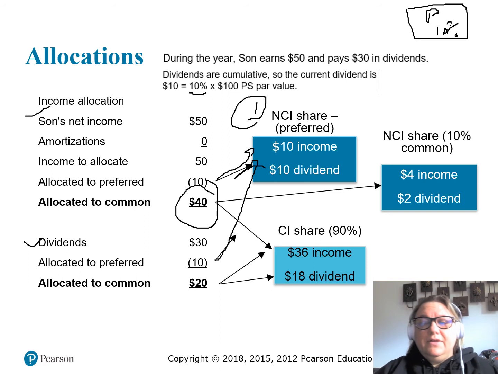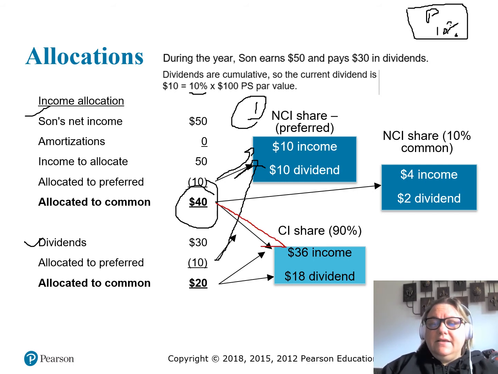All right. The other little tidbit out of this piece is when you break to common, and that's who gets to go next. When you break out to common, common gets the $40 part, but you've got to break it between non-controlling and controlling interest. Now, one of the things that bothers me when we're doing this is it's confusing when they put NCI share preferred.